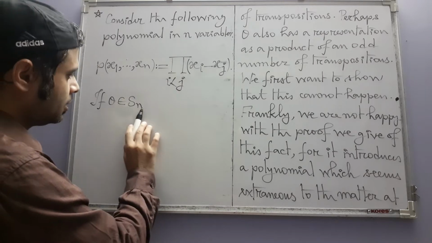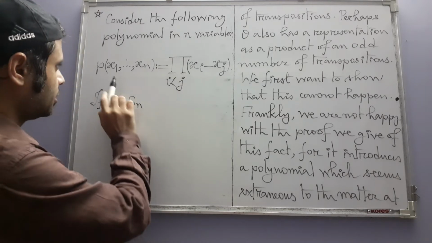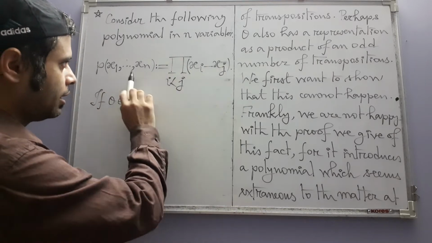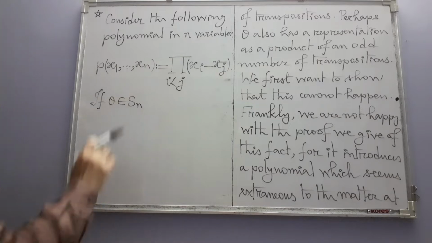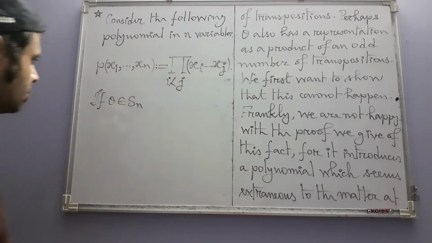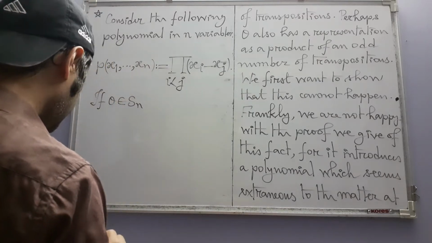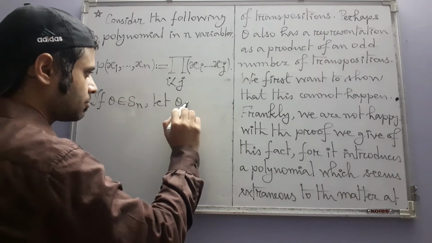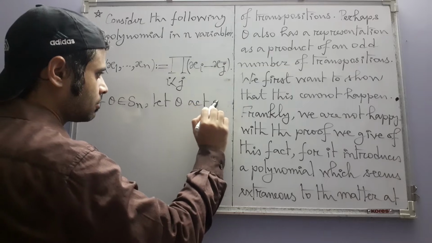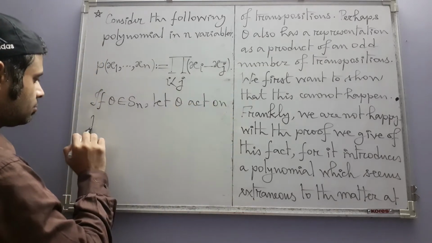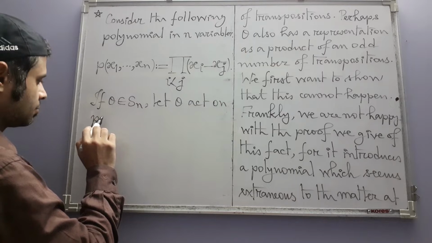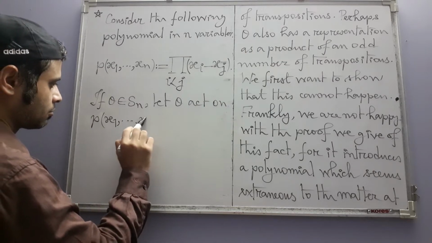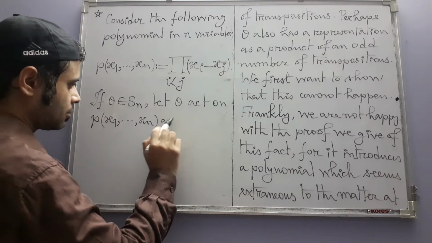So for example, if you have S3 here, then you will consider a polynomial of 3 variables, this polynomial where n is 3. So if theta is in Sn, let theta act on P as follows.